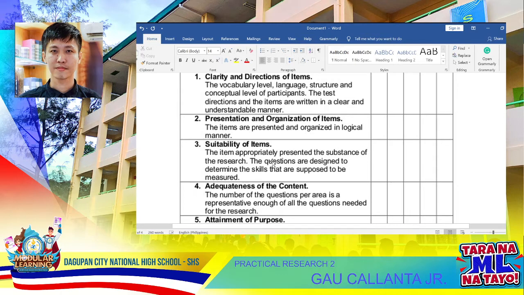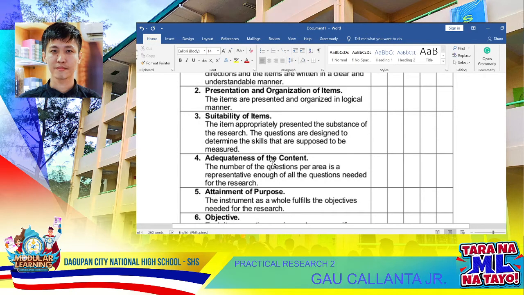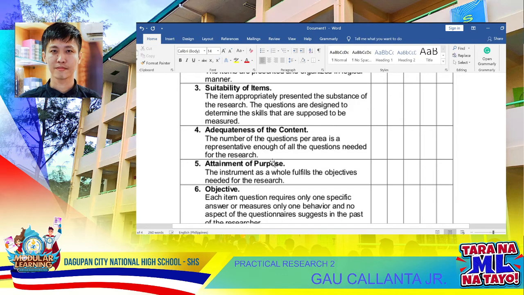Do they have purpose? Number 4, is your questionnaire adequate enough to be able to find the missing data stated in your research title? Remember, you have to find a missing data. Number 5, through the questionnaire, would you be able to find the missing data?